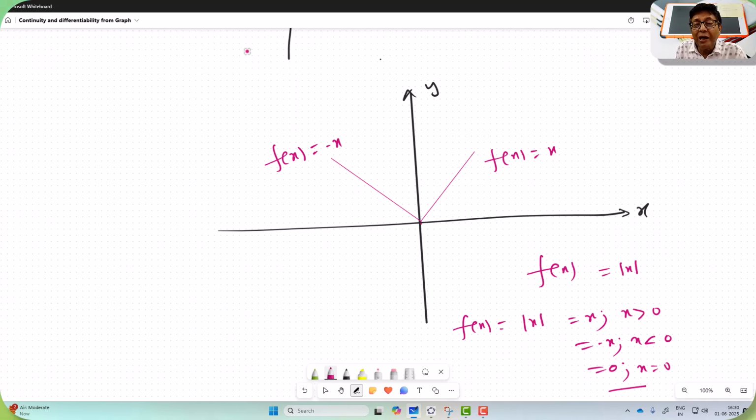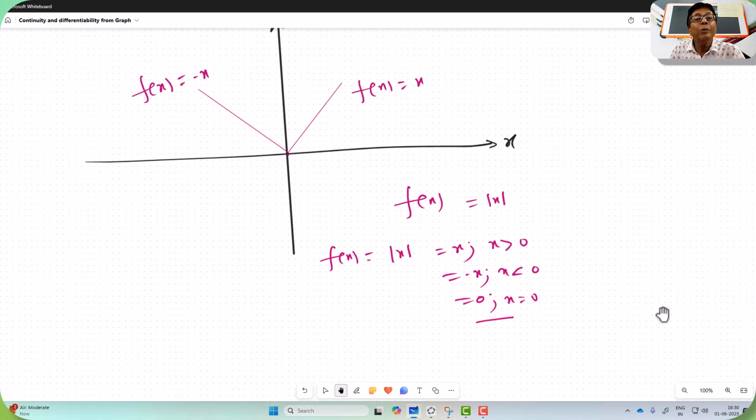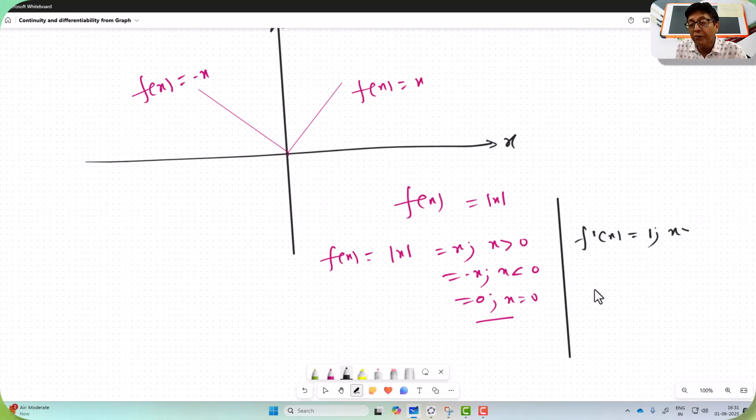At 0 on RHS, what is the slope of the function? That you can get by direct differentiation. Normally for board exams, we say don't differentiate directly over there. But in any other exam, even when you are answering board MCQ, you go for differentiation straightforward. f dash x has value 1 for x greater than 0, minus 1 for x less than 0, 0 for x equal to 0.